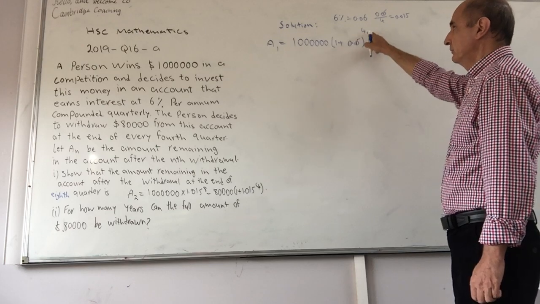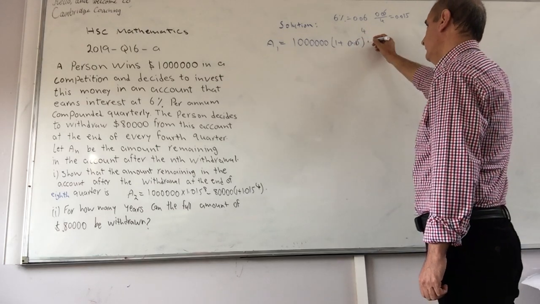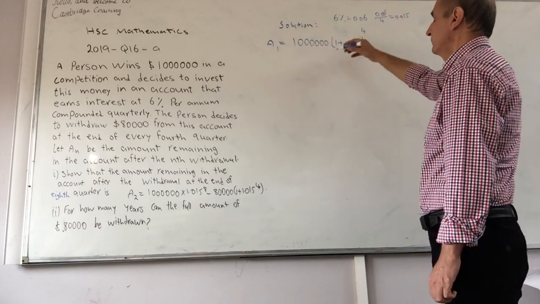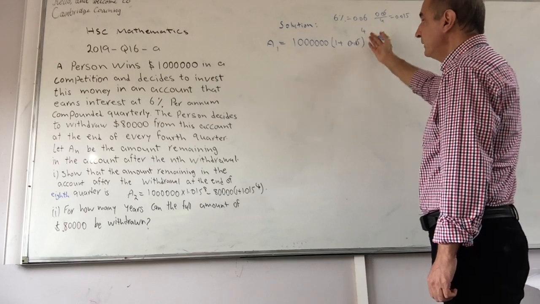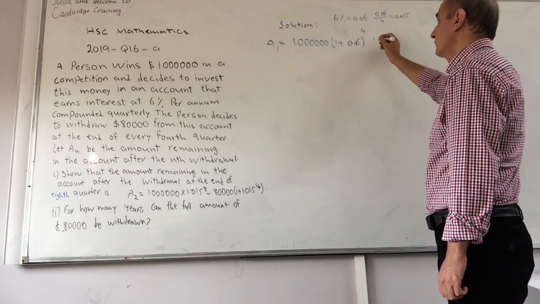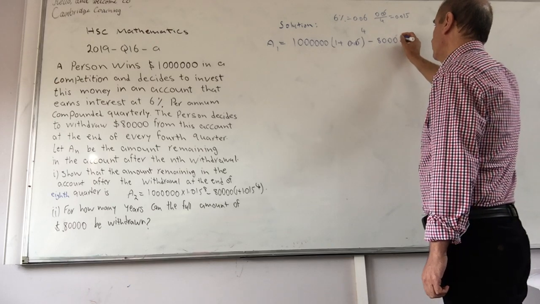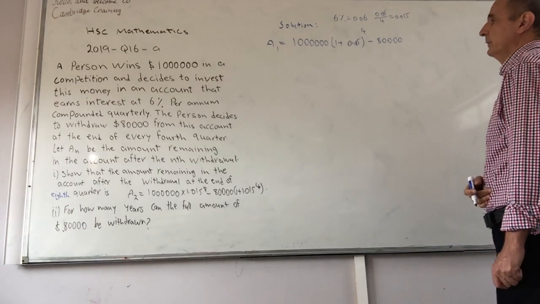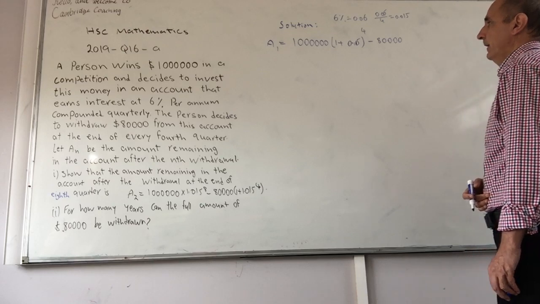So the person waits for 4 quarters before making any withdrawal. That is the money the person has at the end of the 4th quarter before making any withdrawals. If that person makes an $80,000 withdrawal, you have to take that away. That is the money left after the first withdrawal.